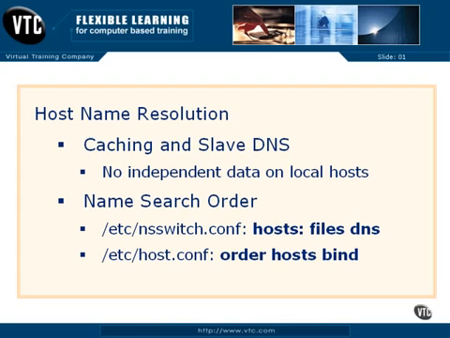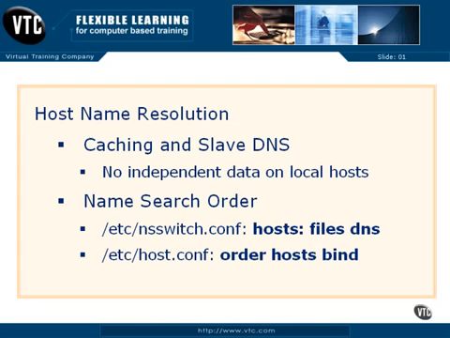If it doesn't find the domain name or host name in that file, it then looks for a DNS server. Some older services still use /etc/host.conf for name resolution search order, and that directive essentially says the same thing.